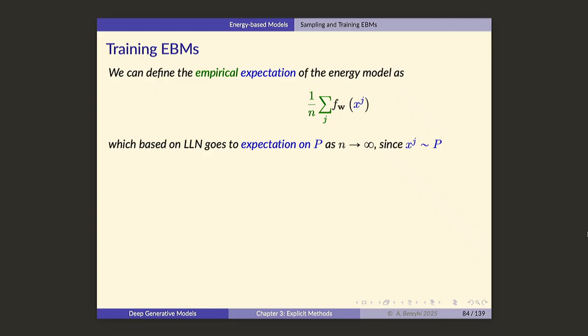The expectation of any function f of x is approximately 1 over n summation of f of xj. Any function I put here, if I average it over all samples taken IID from the same distribution, when n is very, very large, this is going to approximate the original expectation very closely.